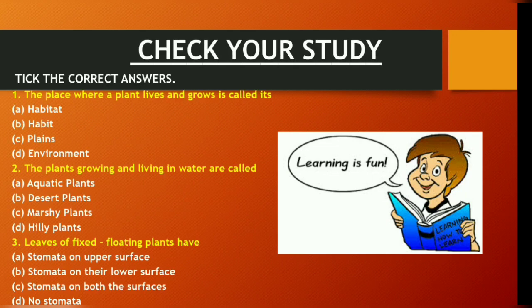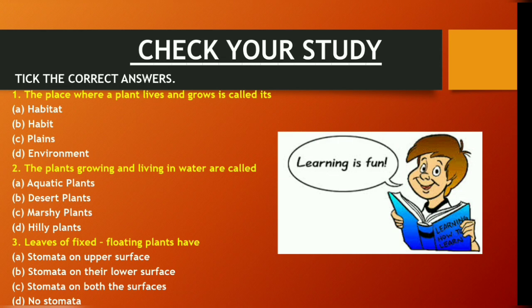Our first question is, tick the correct answer. The place where a plant lives and grows is called its habitat, habit, plains, environment. The answer is habitat. Our next question is, the plants growing and living in water are called aquatic plants, desert plants, marshy plants or hilly plants.